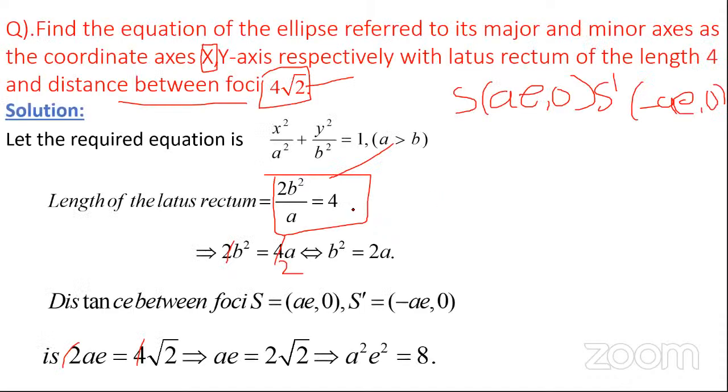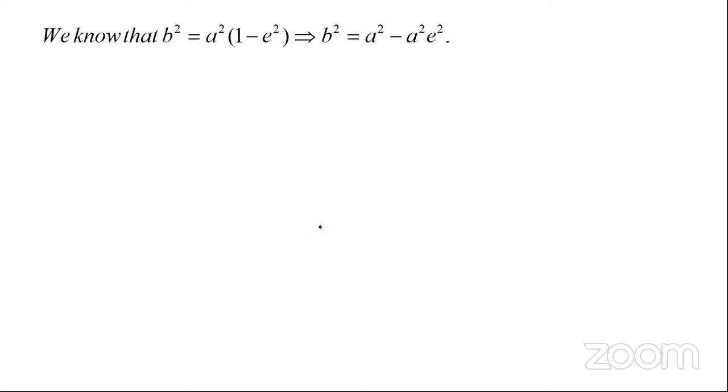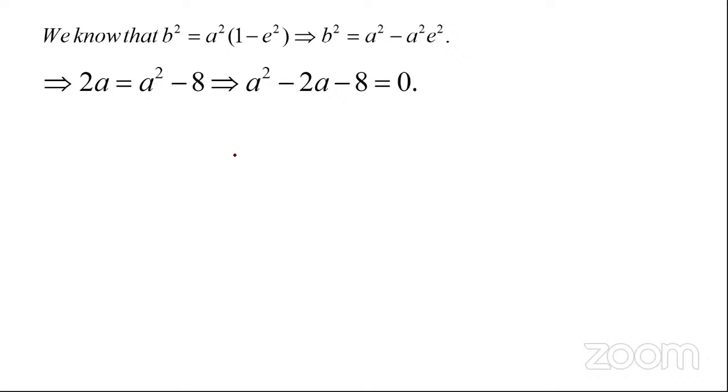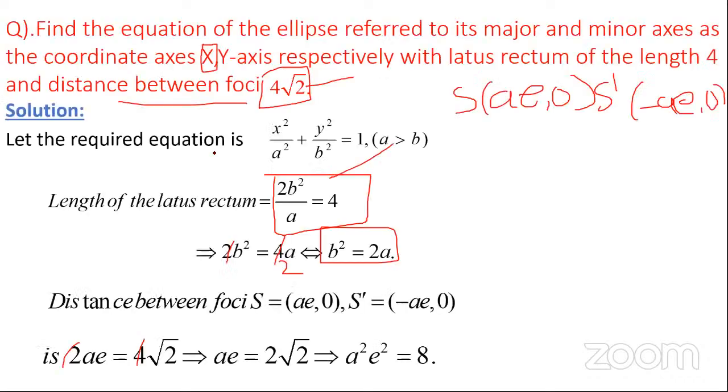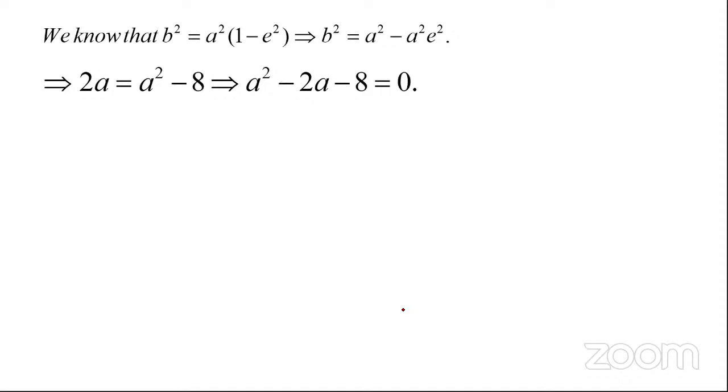Substituting a square e square as 8, I get 2a equals a square minus 8, which converts into the quadratic equation a square minus 2a minus 8 equals 0.